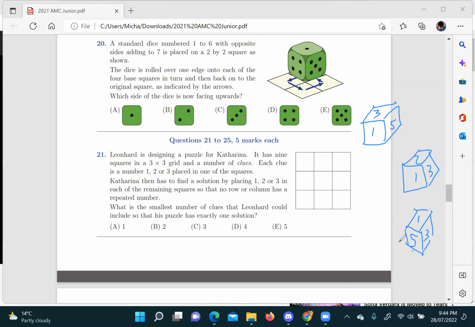And then it finally flips one more time, does it? Okay, so then it does it one more time. The 3 should be on top. 3, right?